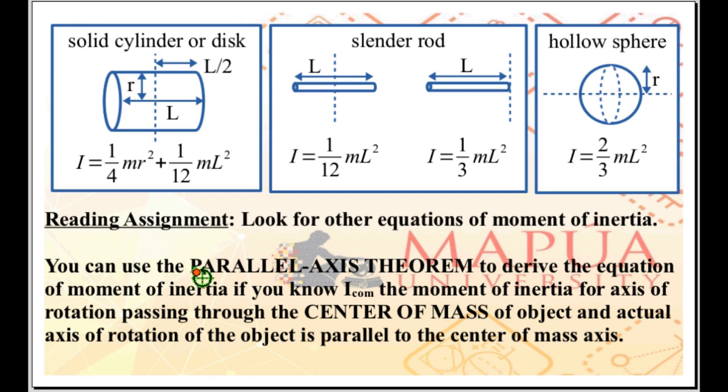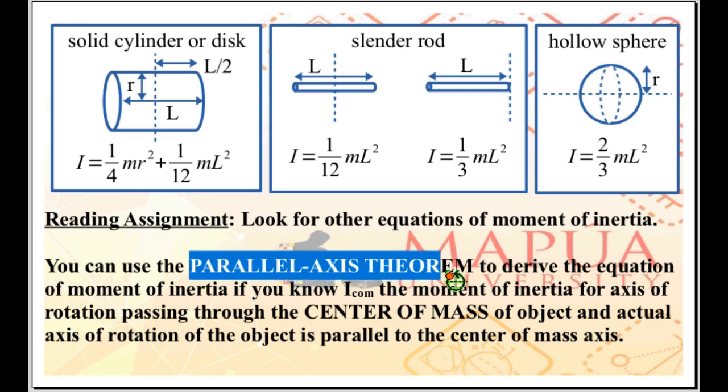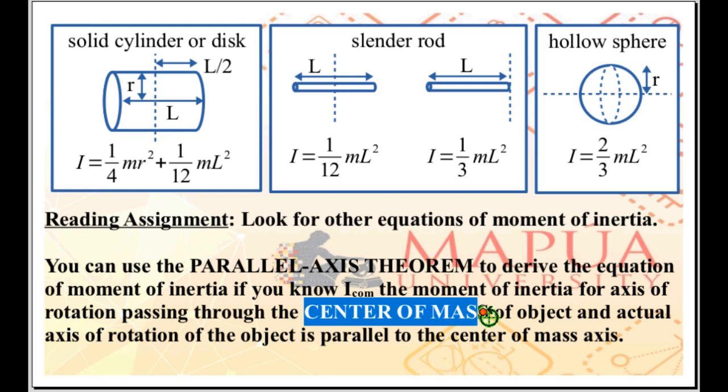We can also use what is called the parallel axis theorem to determine the equation of moment of inertia. We can use the parallel axis theorem if we know the moment of inertia at the center of mass of the object, I_COM, the moment of inertia for the axis of rotation passing through the center of mass of the object.